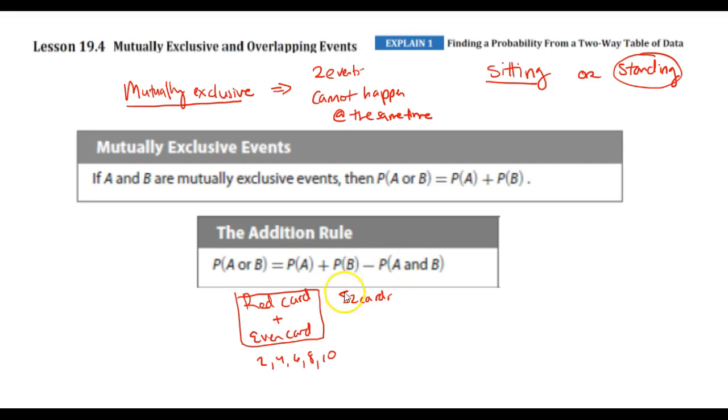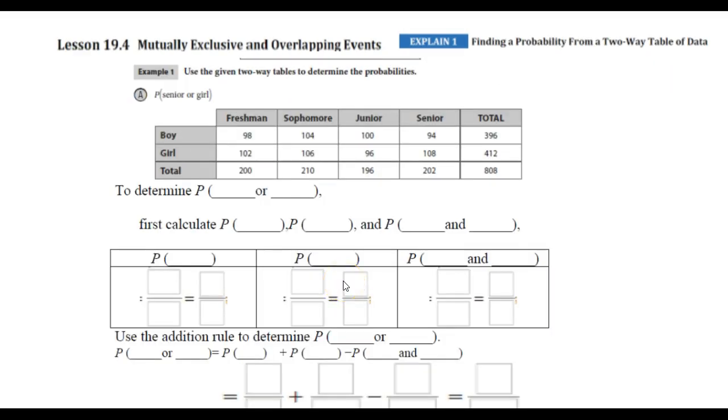Okay. So with that being said, we're going to use some tables. We're going to try and figure out how to find probability with tables for 19.4, the explain section. They tell us to use a two-way table to determine the probability of either a senior or a girl.